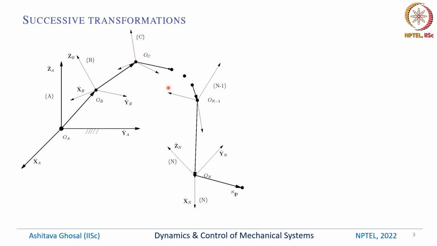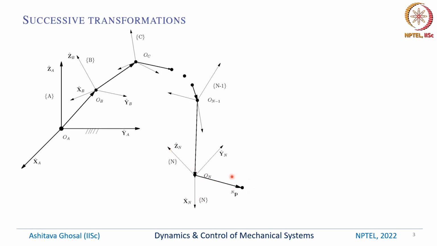Or we have a sequence of rigid bodies which is reference A, one fixed reference, then a rigid body B, then a rigid body C and so on, all the way to our rigid body N, which has the origin ON and XN, YN, ZN.